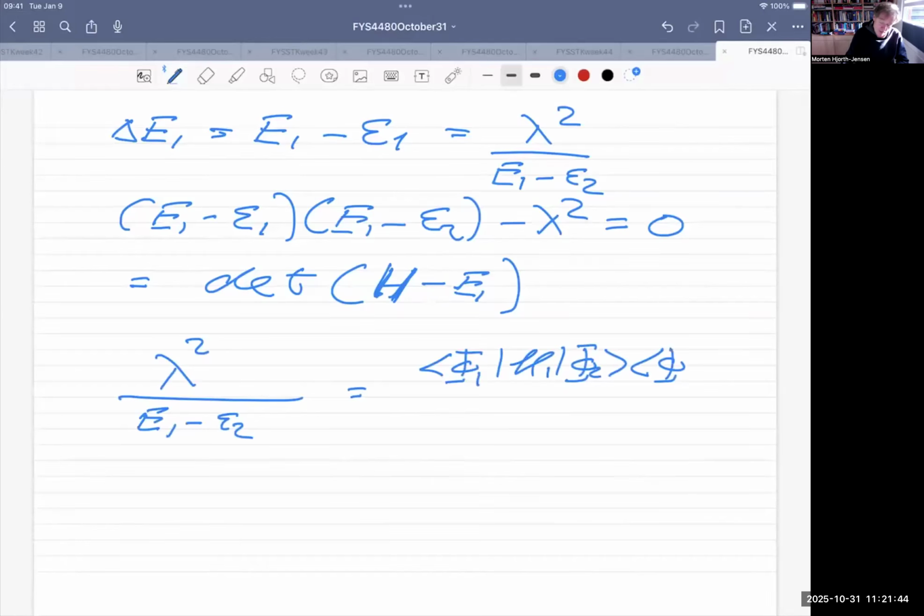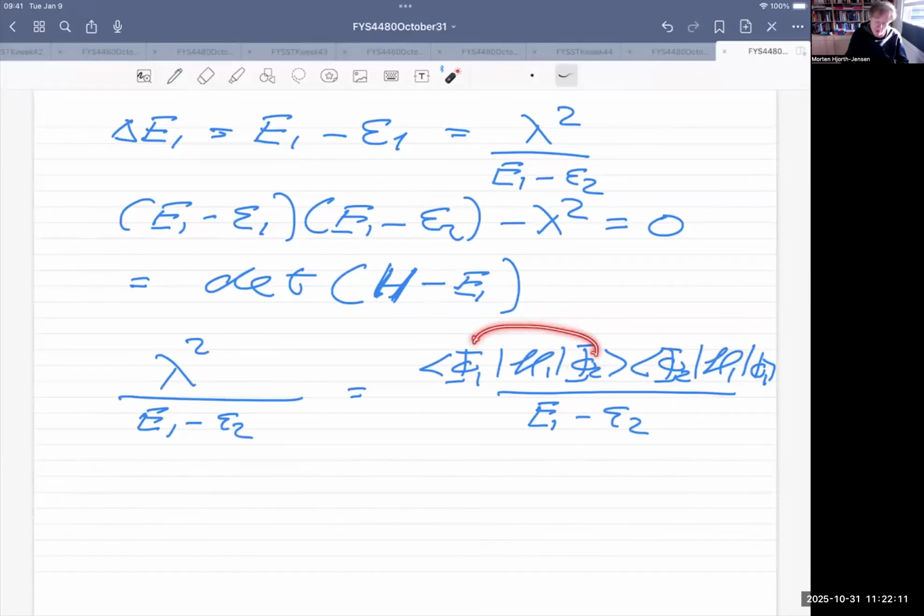And then we have phi 2. So I'm going to anticipate a little bit the discussions which are going to come. And then we have an E1 minus epsilon 2 here. So as a diagram, the way I can think of this now is a state 1 coming in. The interaction brings us into a state 2. And then this state 2 is then de-excited, and we're going back to the ground state of the system.